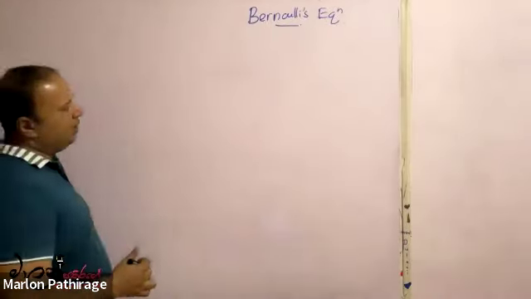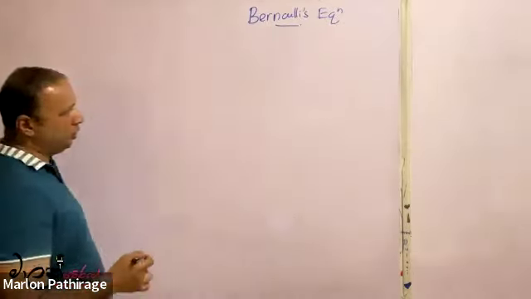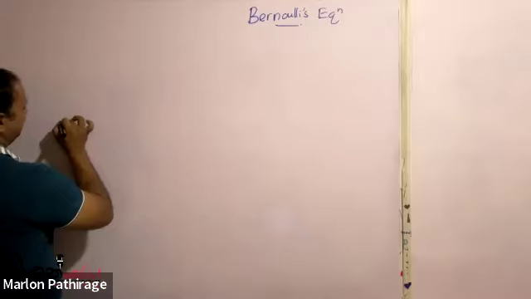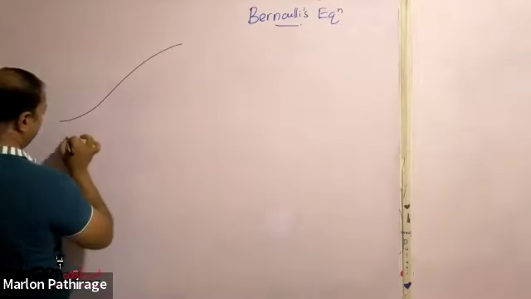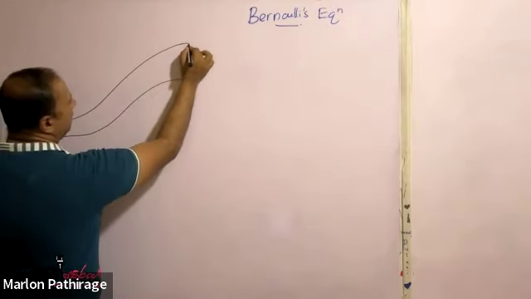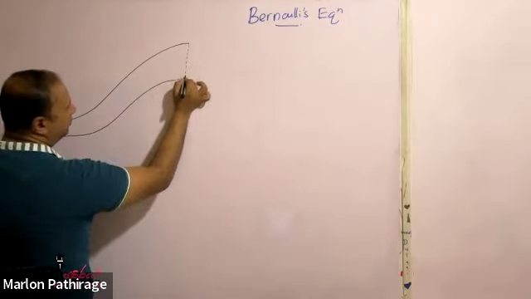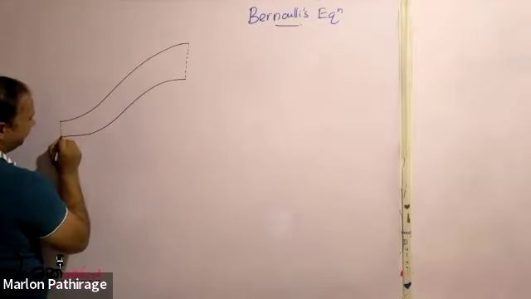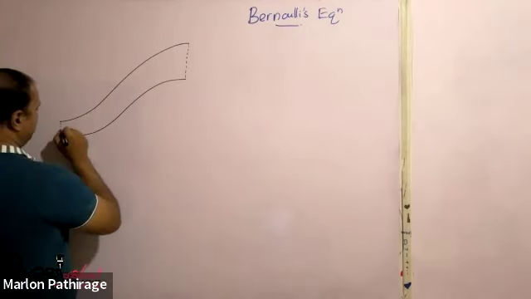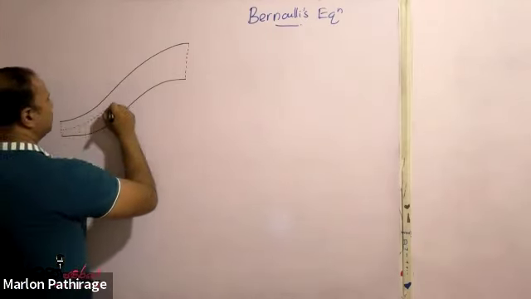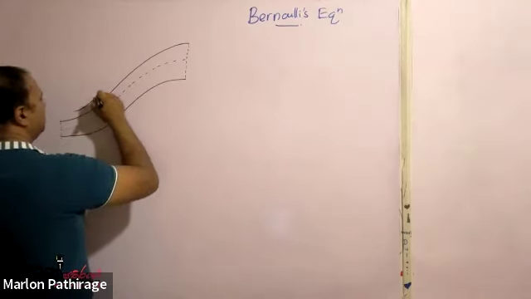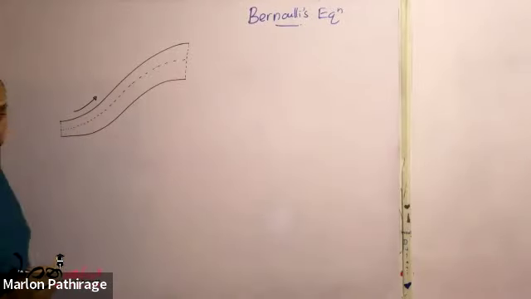We can consider a flow tube. A flow tube means fluid flow. So this is a flow tube, and to this direction, fluid flows.